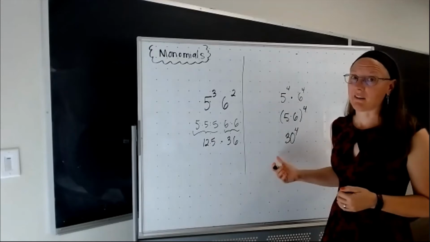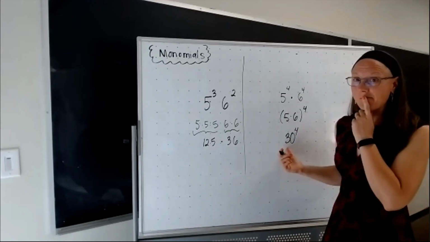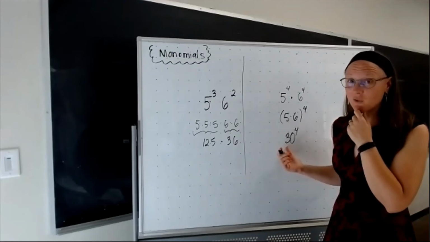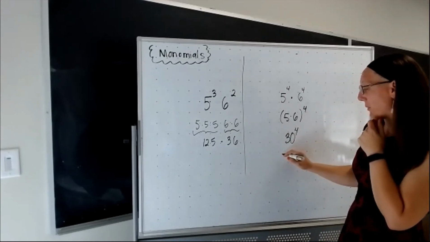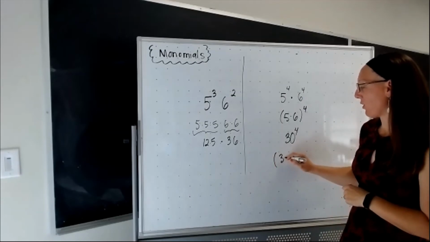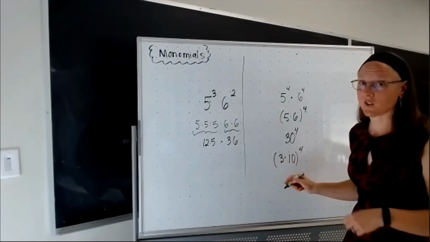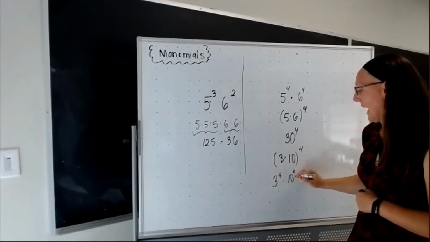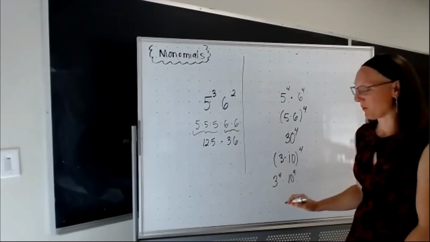I will also say, if I had to actually do this without a calculator, that's not what I would do. I might get here, but then break that back down to say 3 times 10 to the 4th and reuse that distributive property to say 3 to the 4th times 10 to the 4th. 3 to the 4th, that's one of those numbers we're going to get memorized.